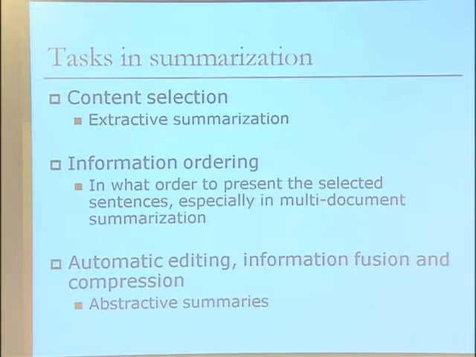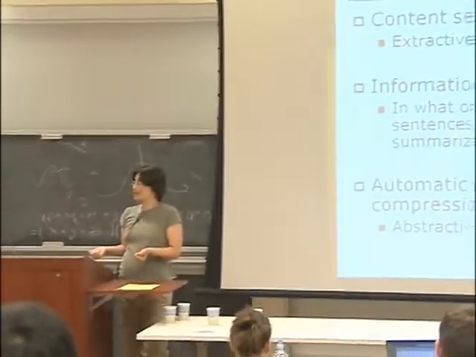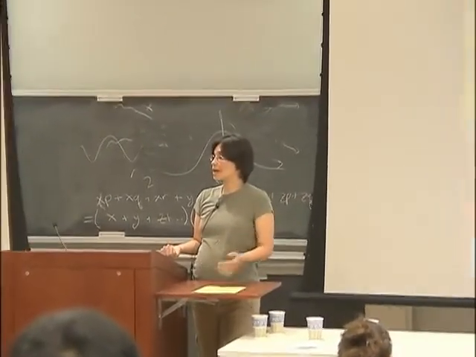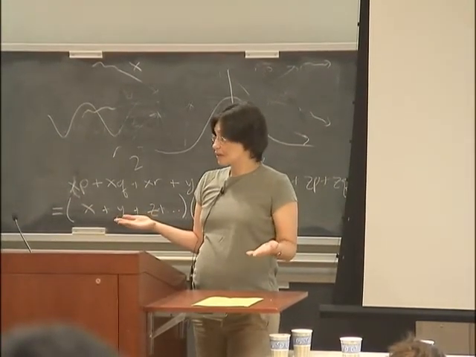But then once you find these sentences, another question is, how do I order them? Especially for multi-document summarization, you can choose sentences from different documents, so in what order are you going to present these sentences? It's a decision that will make a difference in how readable the final summary is.